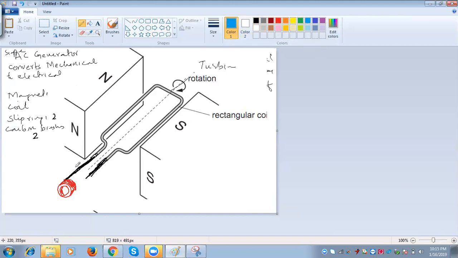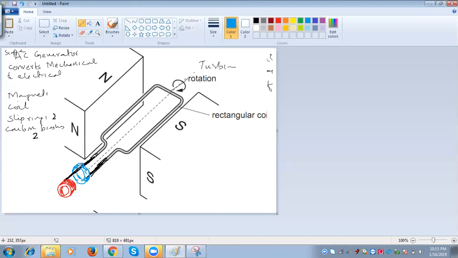See, the blue one is not attached to this other side. It is attached to this side. The one which is attached to the red color is just passing through this, but there is no contact. The blue one is attached to this second one.